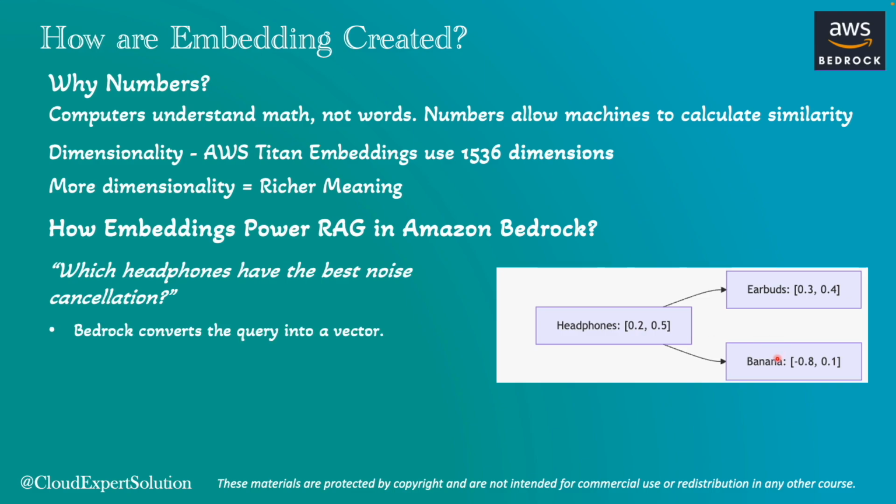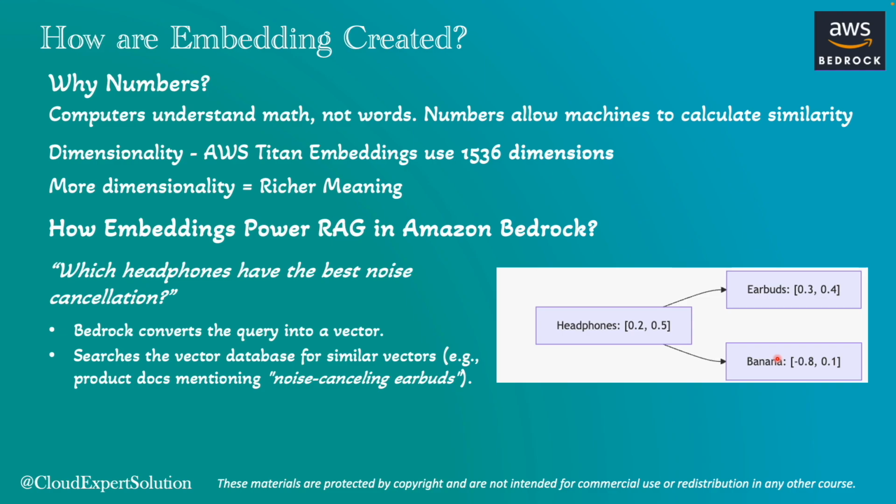Now to search this answer, as step 1, Bedrock converts that query into a vector. Then it will search the vector database for similar vectors. As an example, product documentation can mention noise cancelling earbuds in place of noise cancellation headphones.